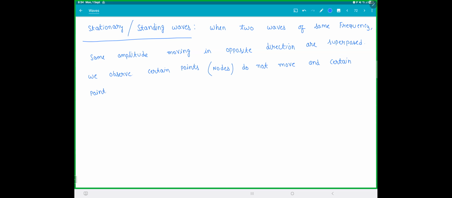And certain points move with double the amplitude. These are called antinodes. So first, let's see this with some pictures.